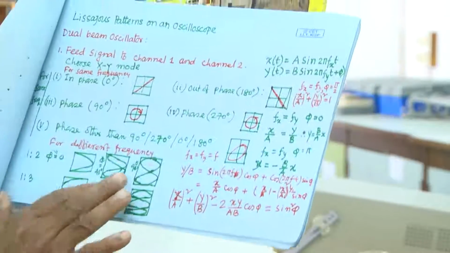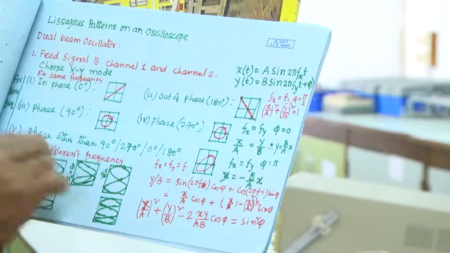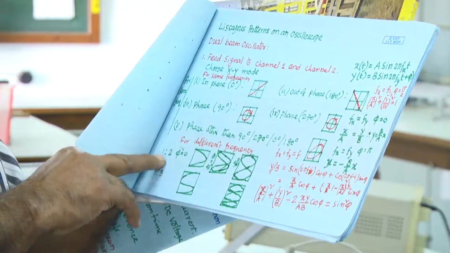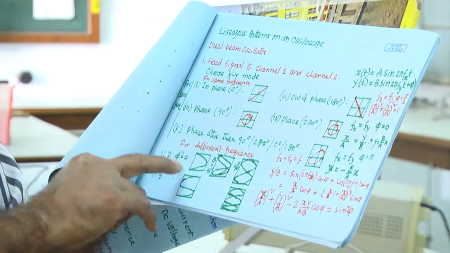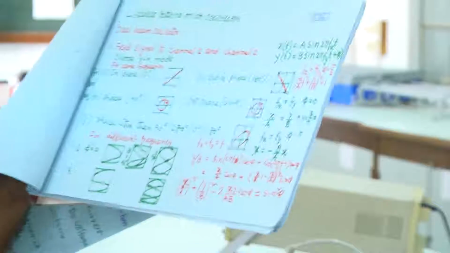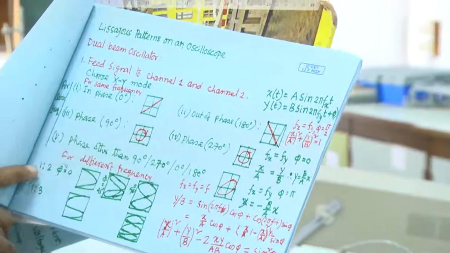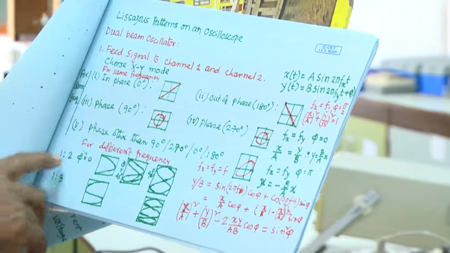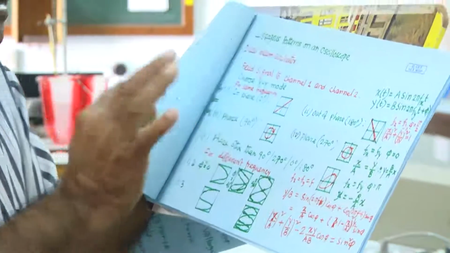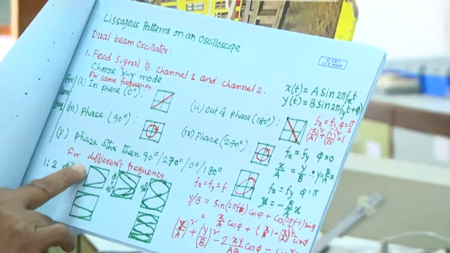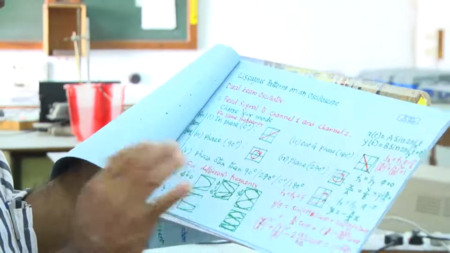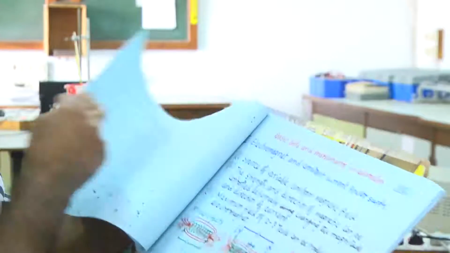You will get two loops for 1:2. Along the x and along the y, see how many loops there are. The frequency ratio equals the ratio of the number of loops along the x axis and along the y axis. That way one can find the ratio using the Lissajous figure.